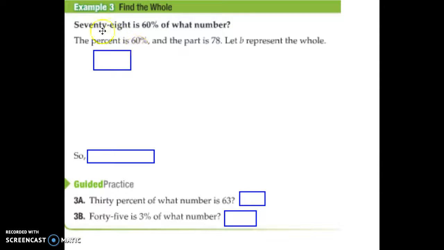Okay, here's another one. 78 is. Well, that means is my 78, so that goes on top. Of goes on bottom. I don't see an of number anywhere. I see a percent, so I know that goes in the percent spot. So of must be my variable. My percent always goes over 100. There we go. Bada bing, bada boom.